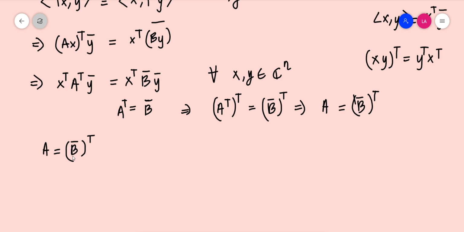So this is the matrix relation associated with an operator and its Hilbert adjoint operator, where A is the matrix associated with T and B is the matrix associated with T star. Using this relation, we can clearly state the definitions of unitary operator, self-adjoint operator, and normal operator.